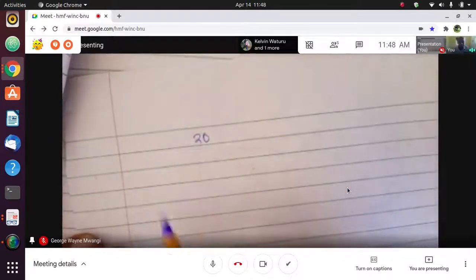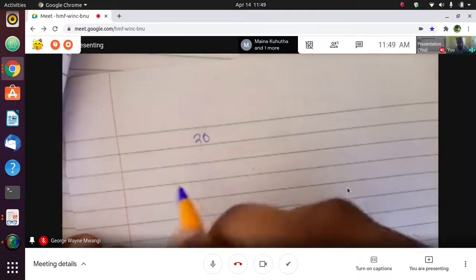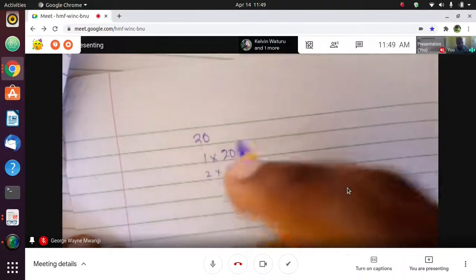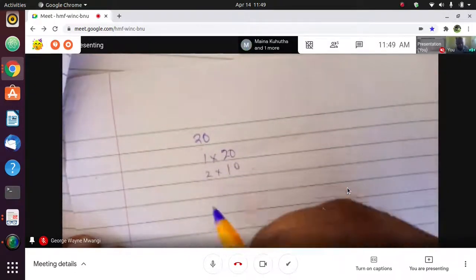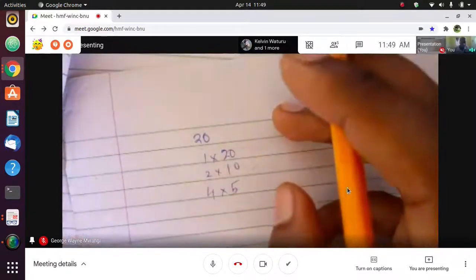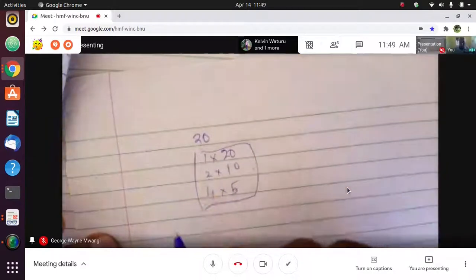What are the factors of 20? Or what are the numbers that I can multiply to give me 20? Kuna 1 times 20, 2 times 10, 3, we cannot multiply 3 by any number to get 20, but we can multiply 4 by 5 to get 20, and so on and so forth. So this is what we call factors.